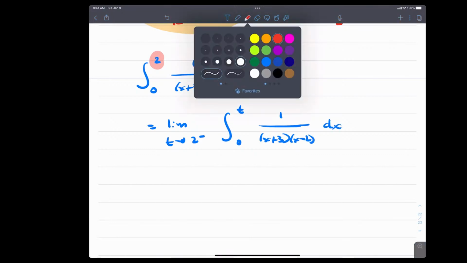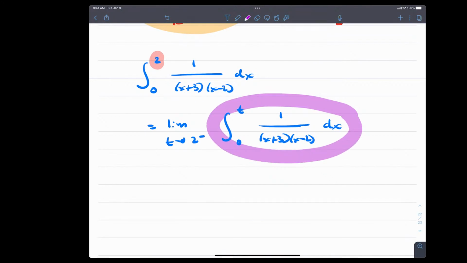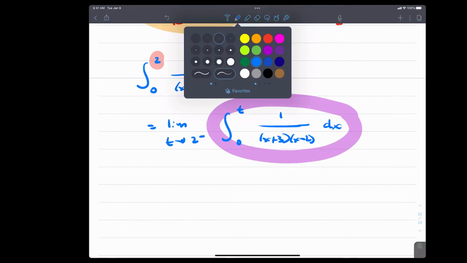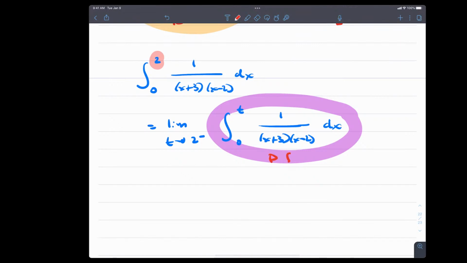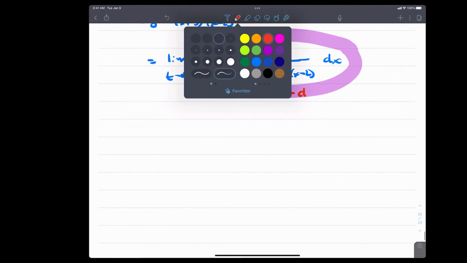So let's ask you guys here. What do you guys use here? Anybody know what you guys use? Partial fraction decomposition. Now, I'll just put a note here.